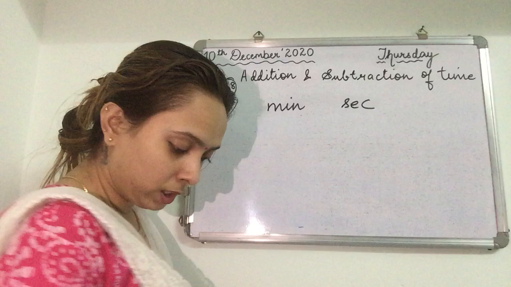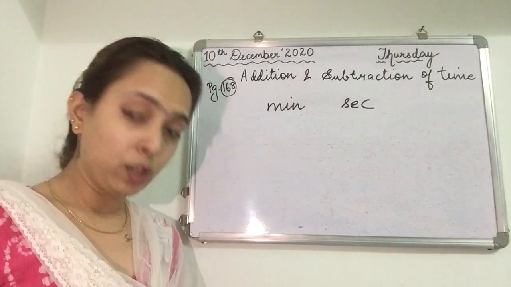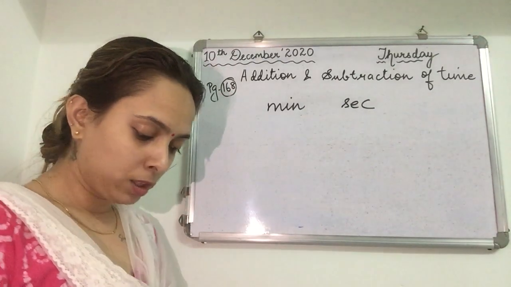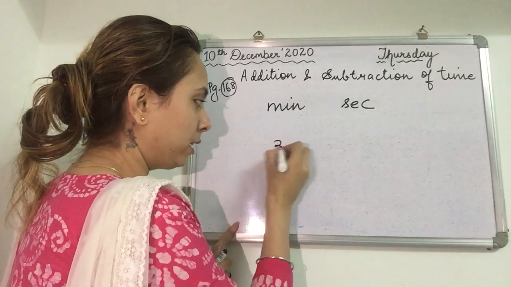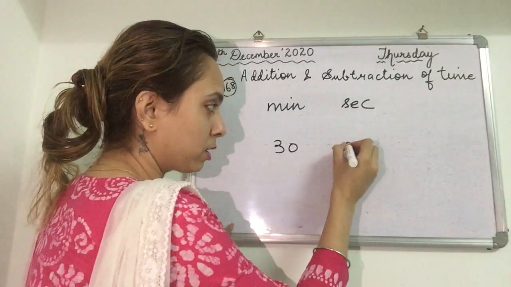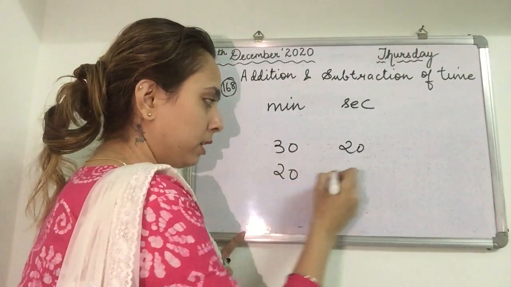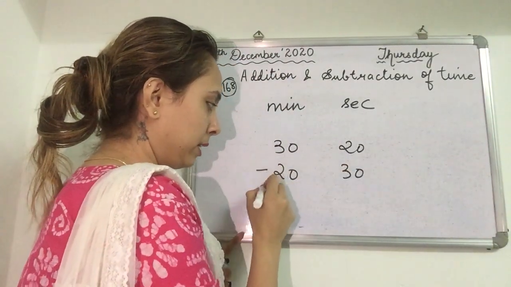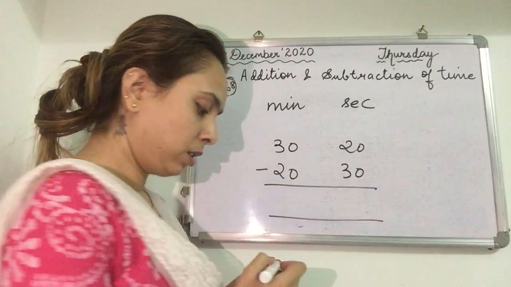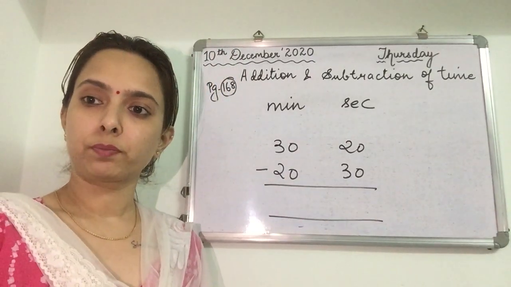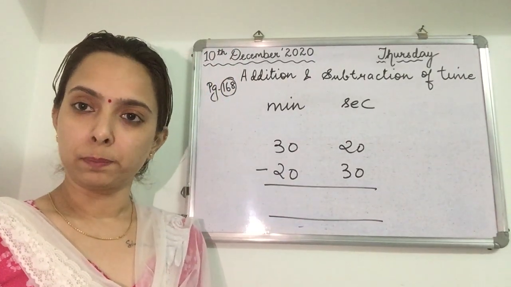We have to subtract 20 minutes 30 seconds from 30 minutes 20 seconds. So first we will write 30 minutes 20 seconds and then we will write 20 minutes 30 seconds.